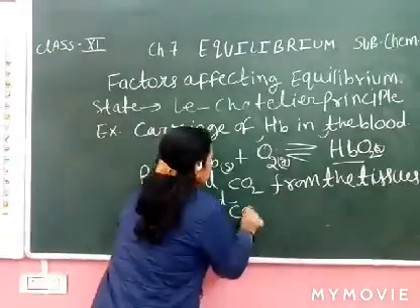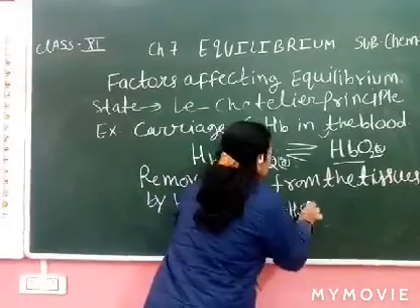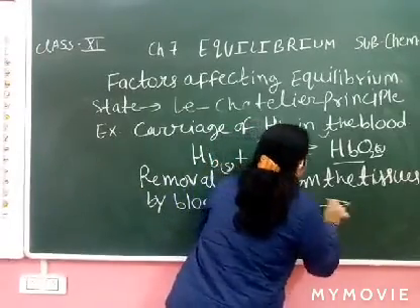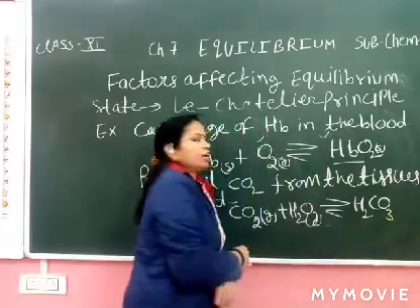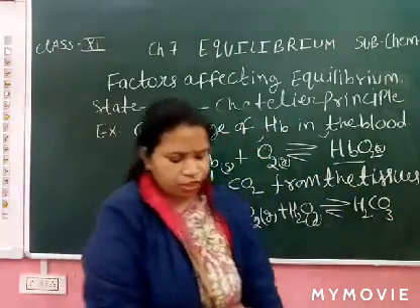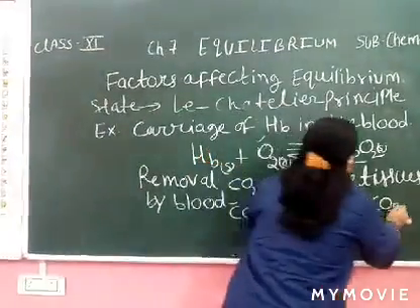How is it an equilibrium? CO2 gas, when it reacts with H2O, forms carbonic acid, H2CO3. Carbonic acid is a very weak acid and it is in aqueous solution.